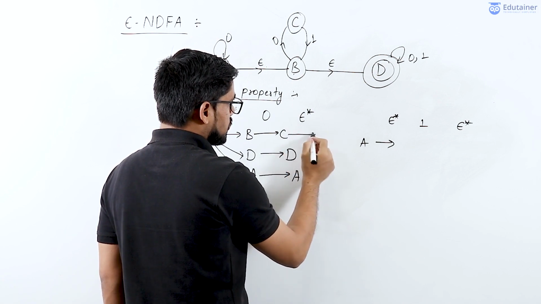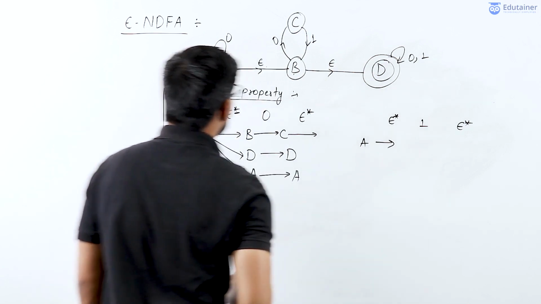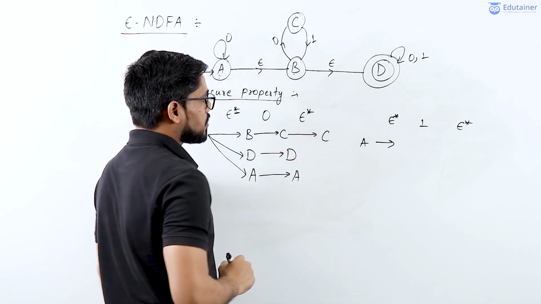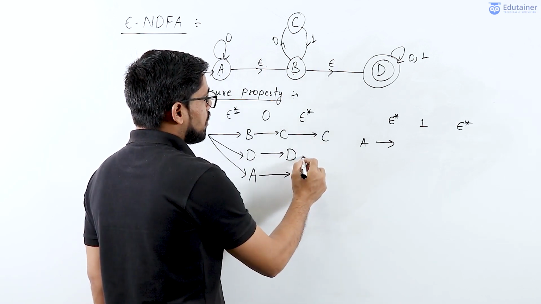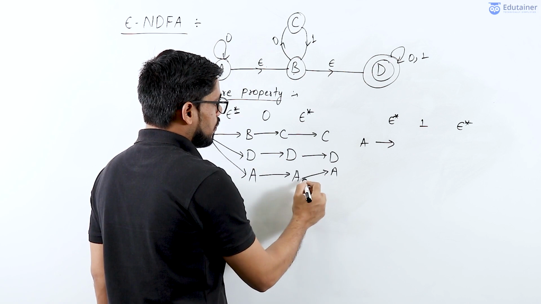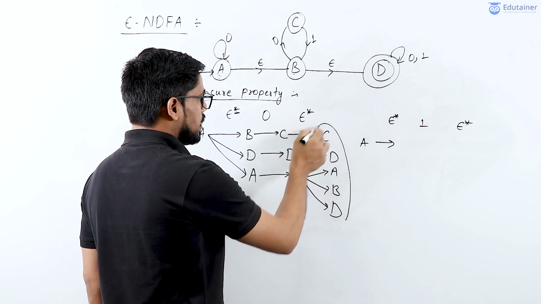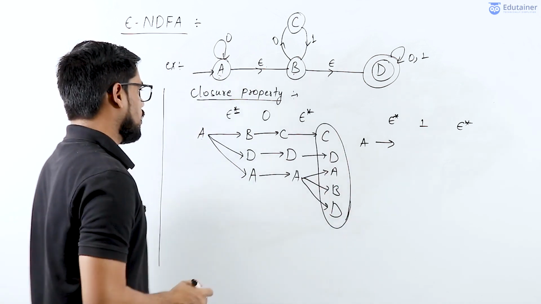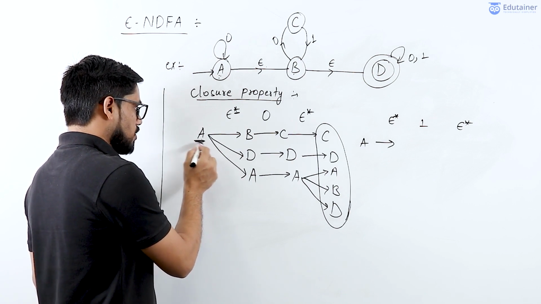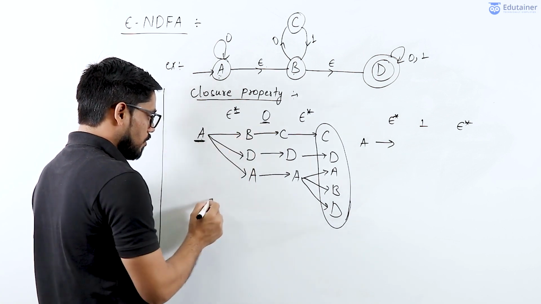C on epsilon star: there is no move defined for epsilon here, so the trivial one is added, C on epsilon will go to C itself. D on epsilon will go to D itself, and A on epsilon will go to A, B, or D. These are the states added when constructing the transition table of the NDFA.